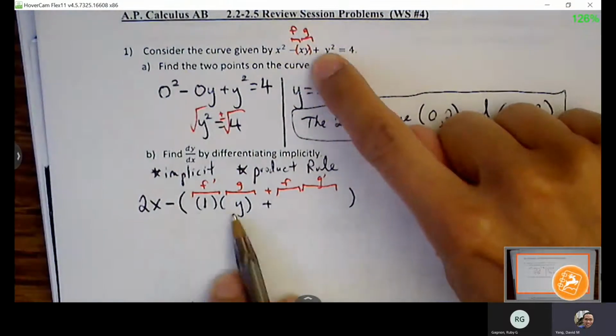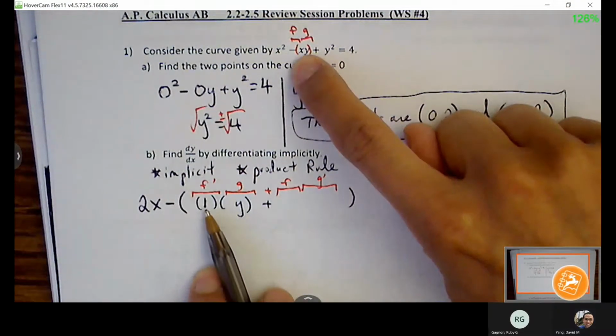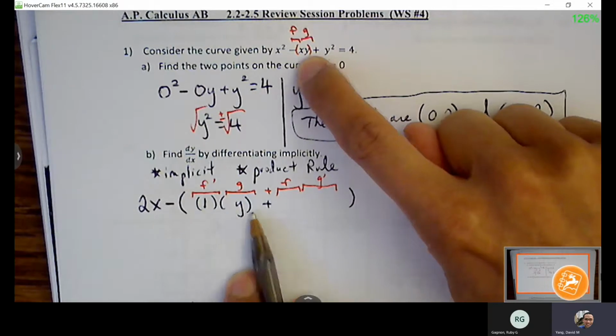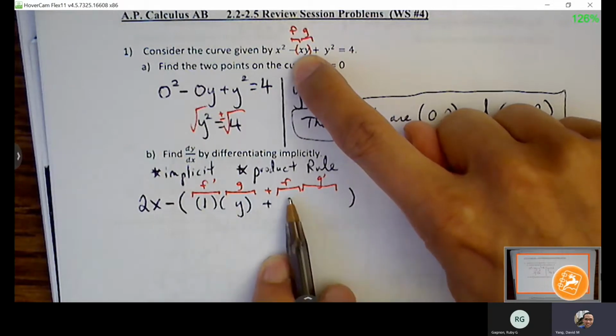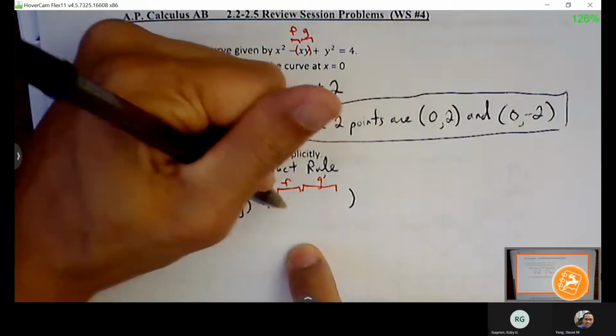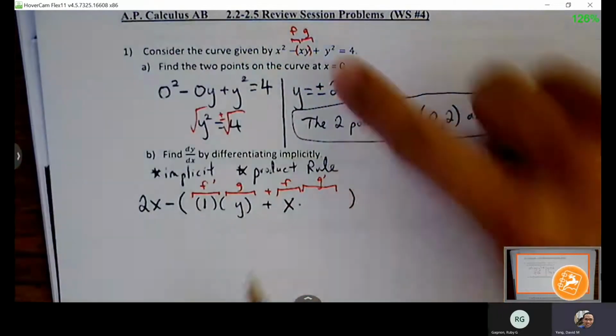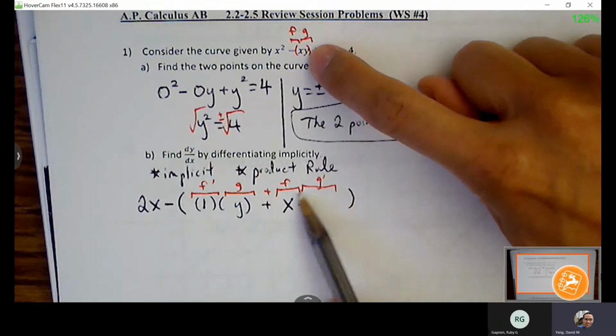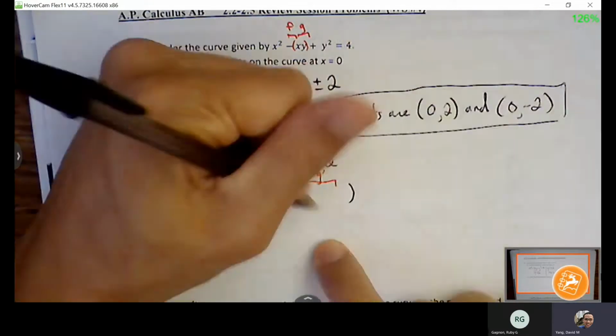Okay, so f prime g, x becomes 1, we keep the y, plus f g prime, oops, sorry, f g prime. So x times y's derivative. Y's derivative is 1. Don't forget, there's still also a dy dx that's resulting from y's derivative.